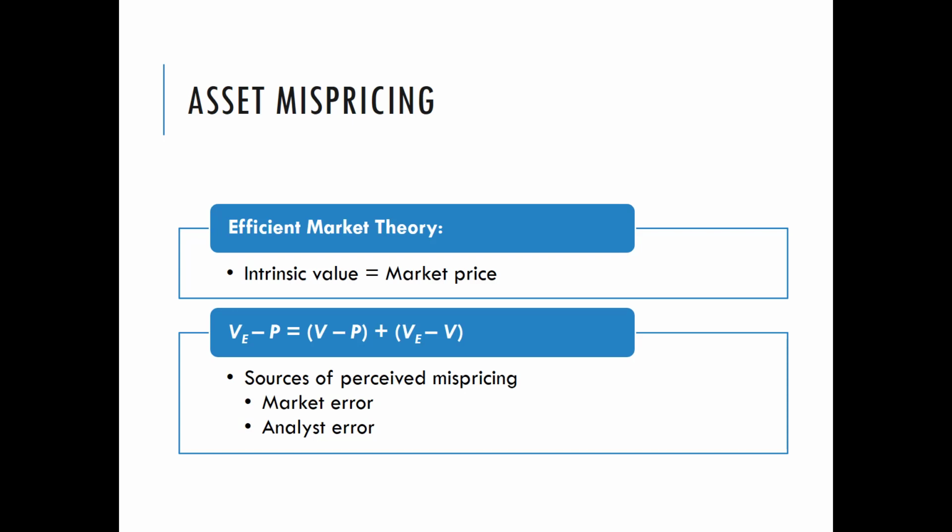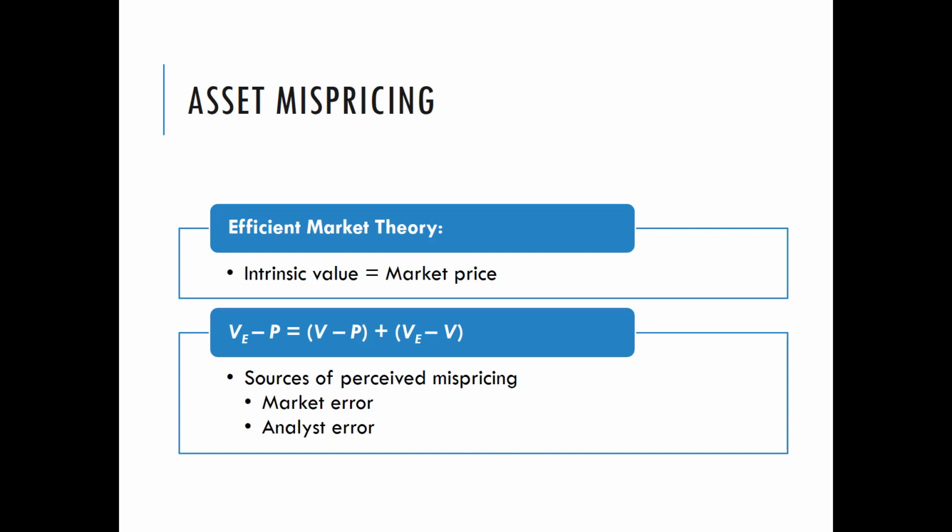And what you believe that mispricing is based on two parts. One of them is the true value minus the price, which is the true mispricing. But because you can't observe this, it's really just a theoretical concept, which means you have to correct for your own mistake. And your own mistake is the difference between your own valuation and the true value.